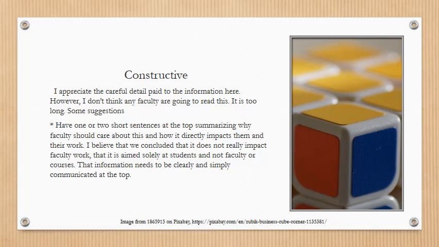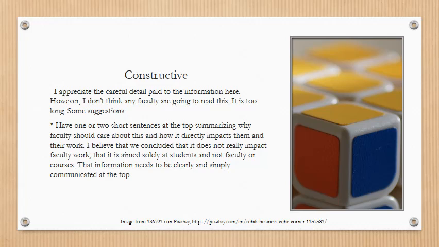In being constructive and offering solutions, not just identifying problems, I noted that I appreciated the careful detail that he had paid. I should go back and say that the document he presented was very long, about 3 pages, in a bulleted, FAQ format.